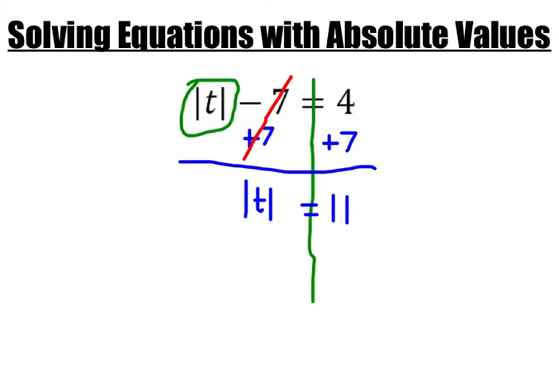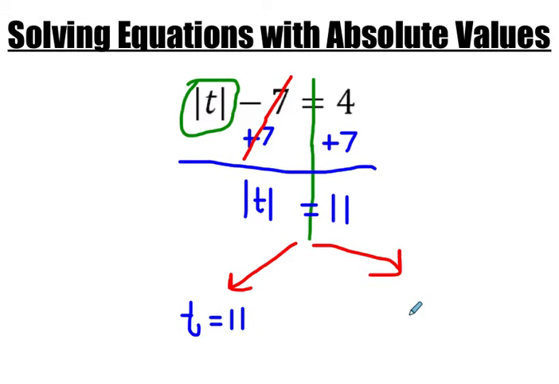Now, at this point, to get those 2 answers, because remember we can go left or right on the number line, we are going to split this into 2 separate equations. So for your first equation, all that you are going to do is get rid of the absolute value bars. Otherwise, you're going to write everything the same. So we will write t equals 11.